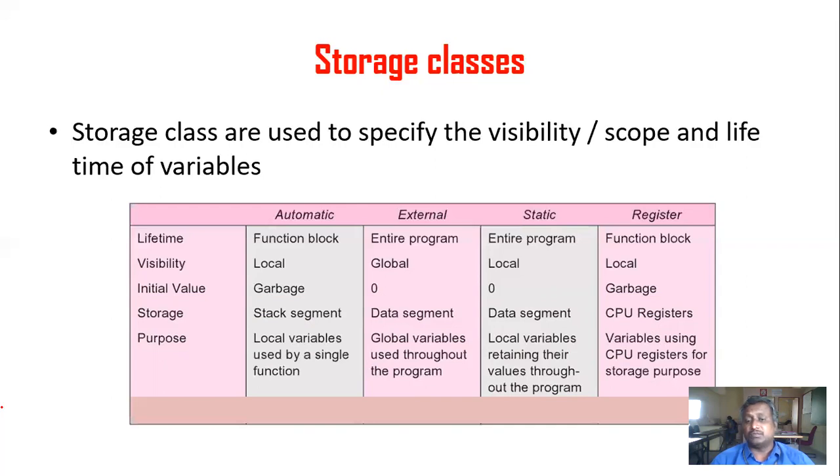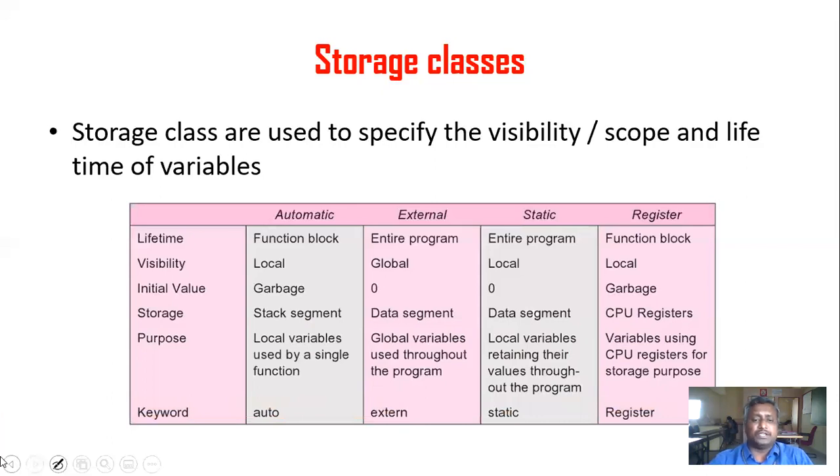Static is used when you want to retain the same value; local variables retaining their values throughout the program can use the static storage class. For variables using CPU registers for storage, we can use the register storage class.